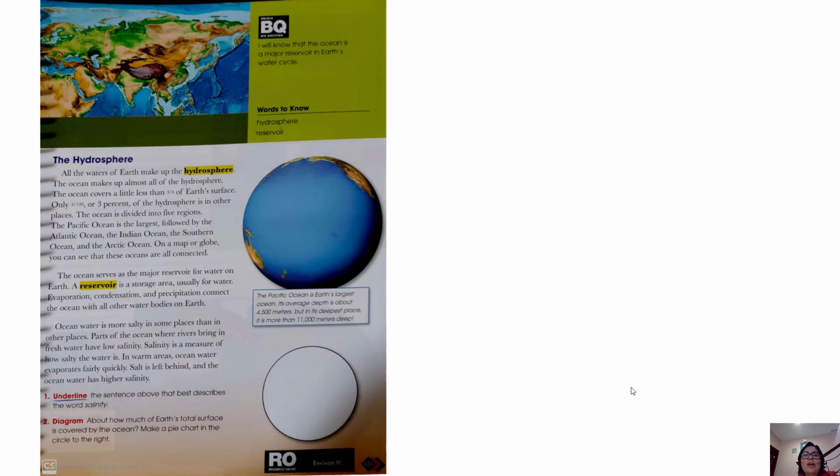Okay, so today we are going to learn and repeat the vocabulary words of this lesson. We have only 2 vocabulary words. The first one, I want you to say it here: hydrosphere, hydrosphere, reservoir, reservoir.